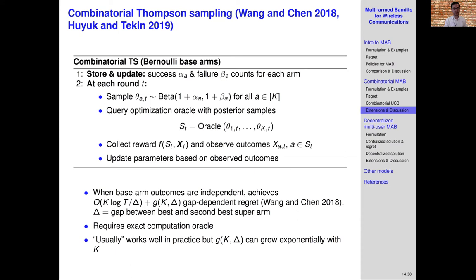It's also known that for many combinatorial problems of interest, combinatorial Thompson sampling works well, but there are some problems where it may not work well, especially in the regret bounds. There's a term that doesn't depend on time, but this term can grow exponentially with the number of base arms.